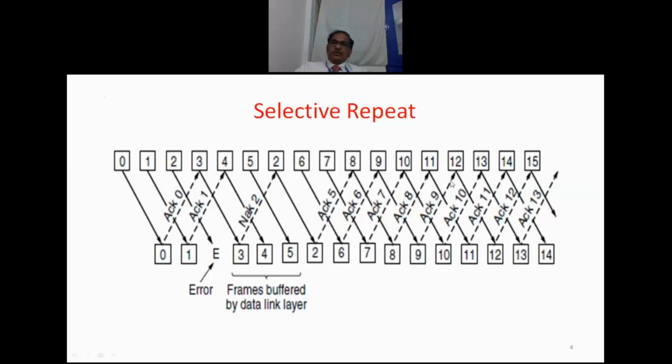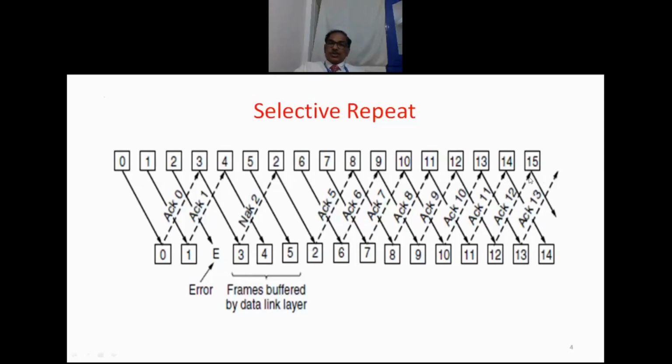If you see this, within the same 17 units of time, 15 plus 1, frames 0 to 15, so a total of 16 frames are transmitted by the sender in this particular case.